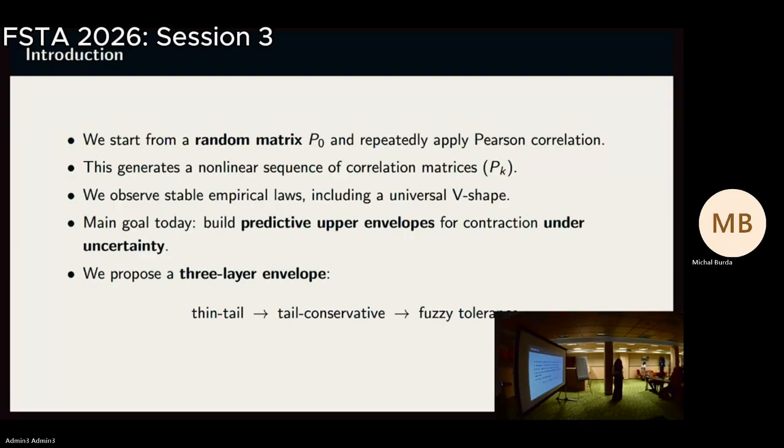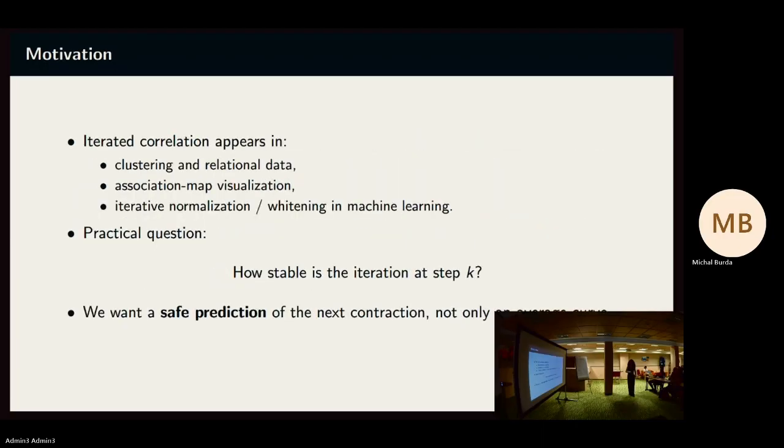Start like, why do we do associates that are widely used in machine learning?